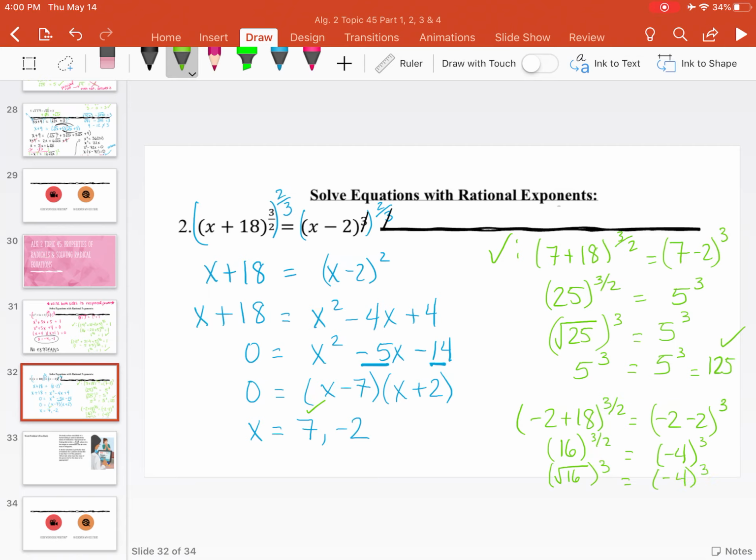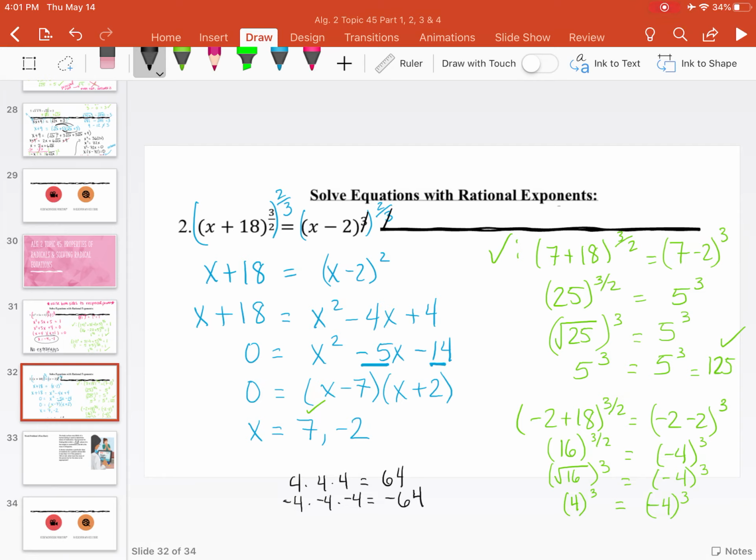Now again, because we're dealing with the principal root here of 16, the square root of 16 is positive 4. Does positive 4 cubed equal negative 4 cubed? Well, think about it. Positive 4 is 4 times 4 times 4, which equals positive 64. Whereas negative 4 has negative 4 times negative 4 times negative 4. We have an odd number of negatives, so my answer will be negative 64.